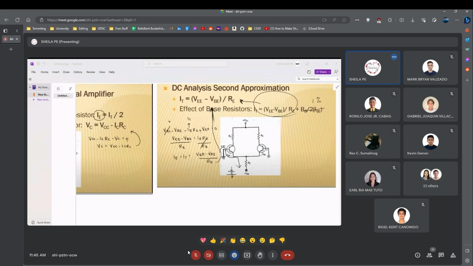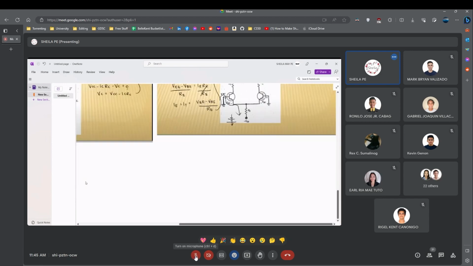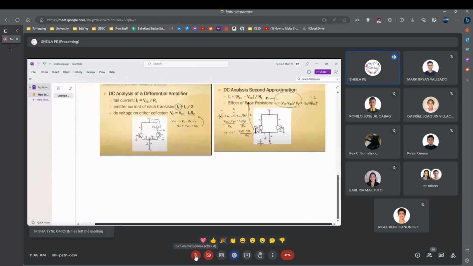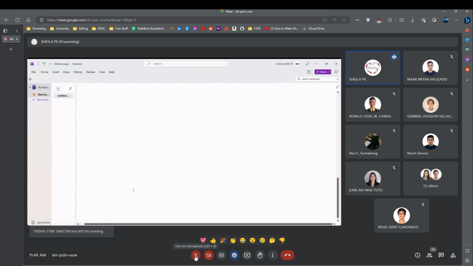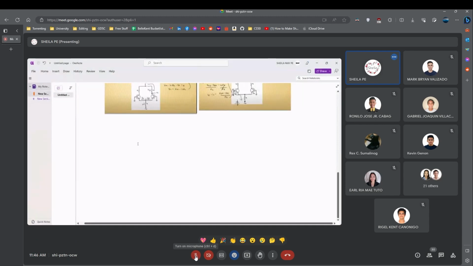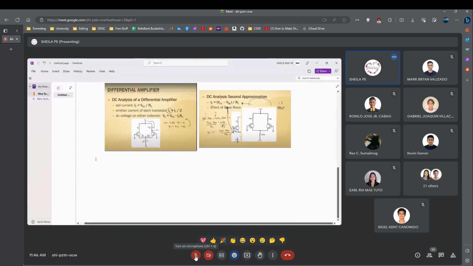Okay. Now, there is an example problem given. For the example problem, were you able to get it? I want you to be honest so I can discuss it again. Make some noise, class. I'm looking at the meet to see if there's a thumbs up, thumbs down, or a comment. How about the others?